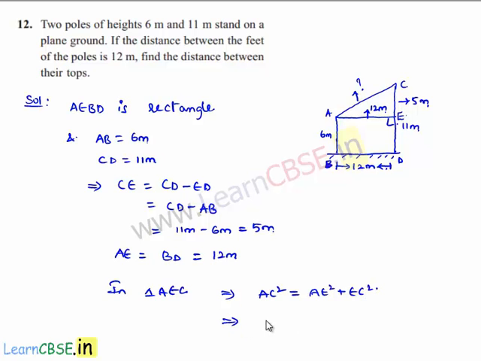That implies AC square we need to find, which is equal to AE square, that is 12 square, plus EC square or CE square is same, so that is 5 square. That implies AC square is equal to 12 square is 144 plus 5 square is 25.